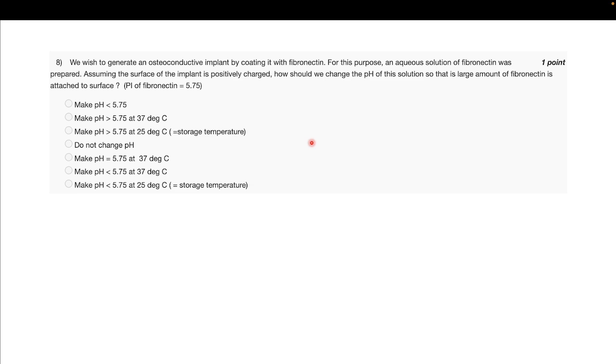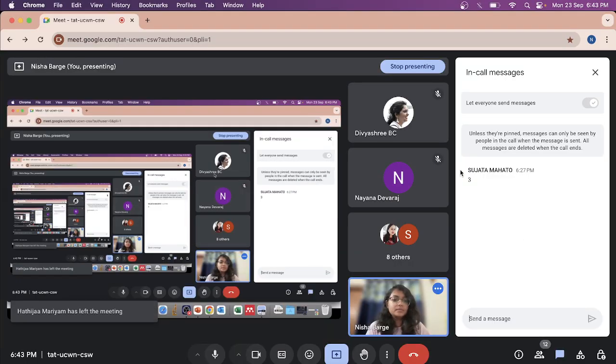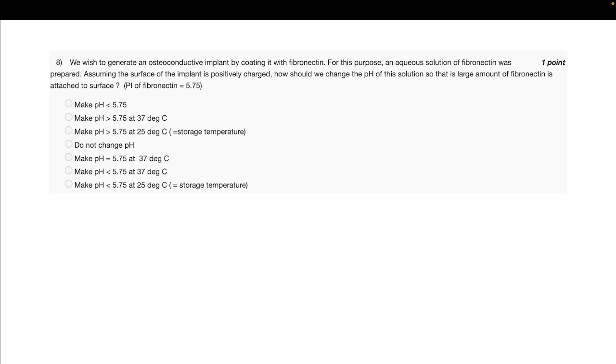Any volunteers? Option 3, ma'am. Okay, option 3 is you make your pH more than 5.75 at 25 degrees Celsius. Okay. Anybody else?